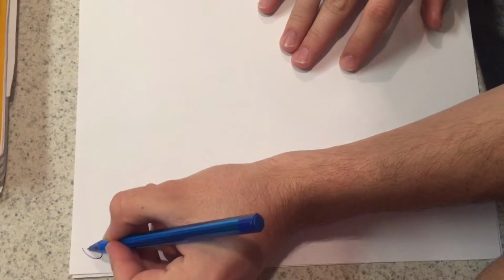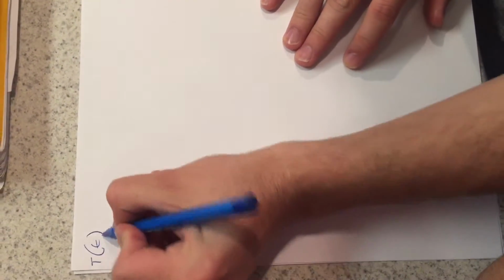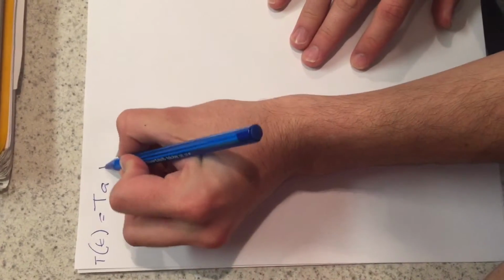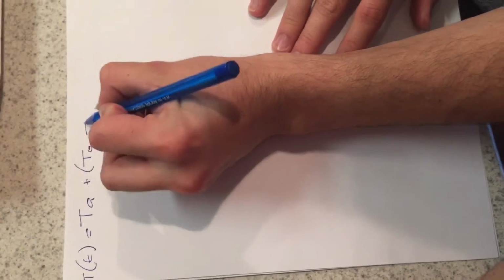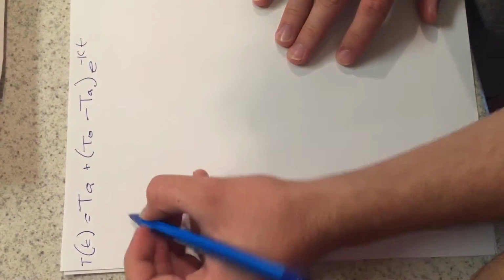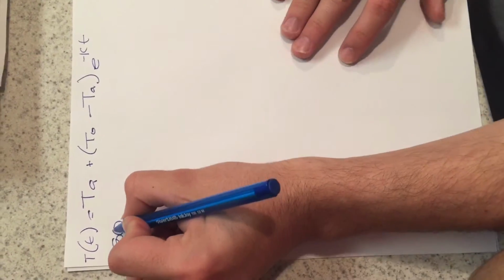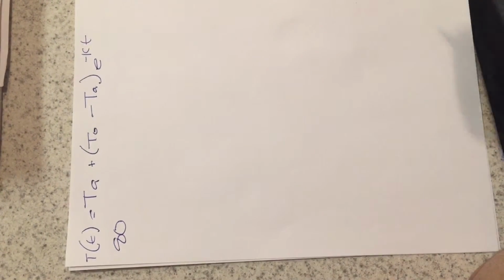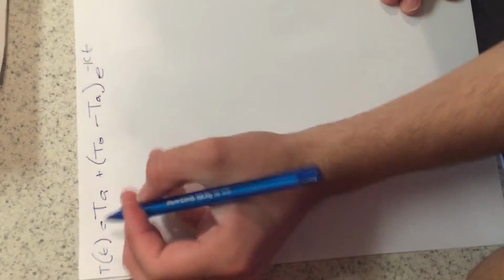Part B, which I've done over and over and over again, and I'm really tired of doing it. Determine and discuss the approximate time elapsed to the nearest tenth from time of death to time of discovery. You want to write your little formula out all over again. T ambient plus T of object minus T ambient again, e negative k to the t. You're going to use 80 degrees because that was his body temperature at 4 o'clock when those UTSA PD found him dead.